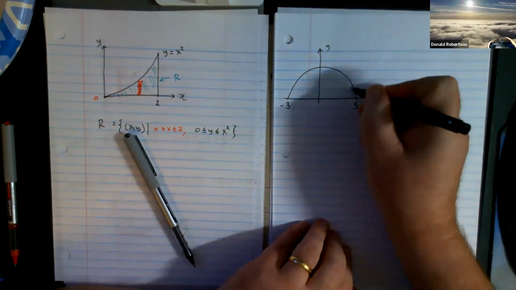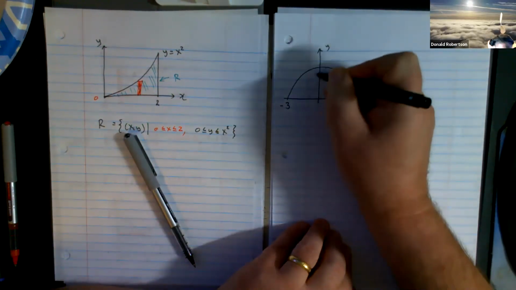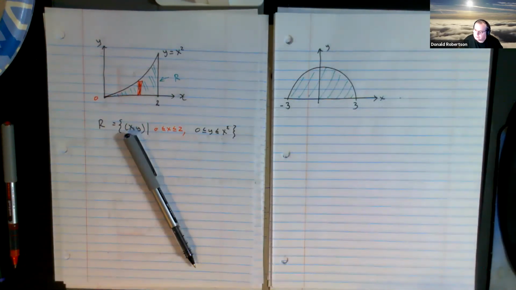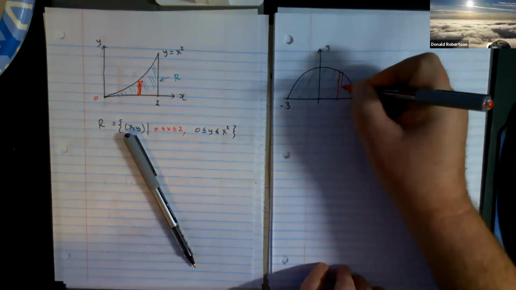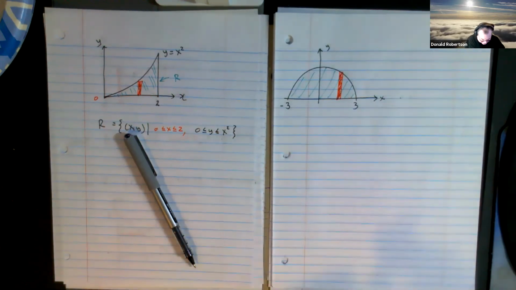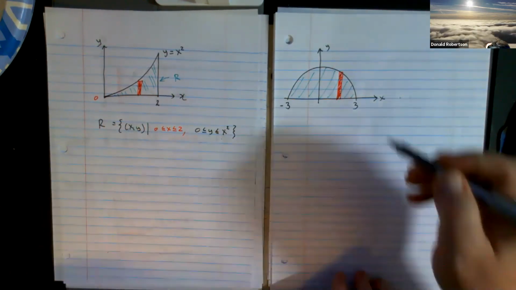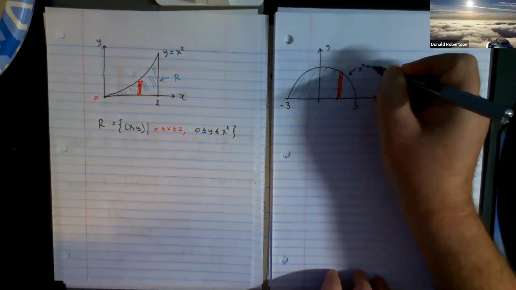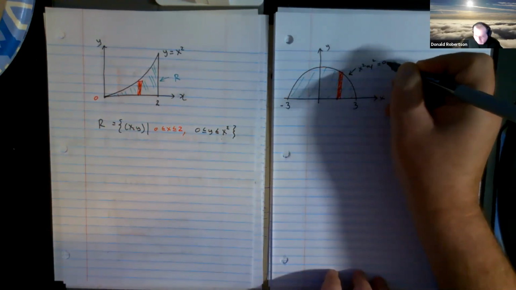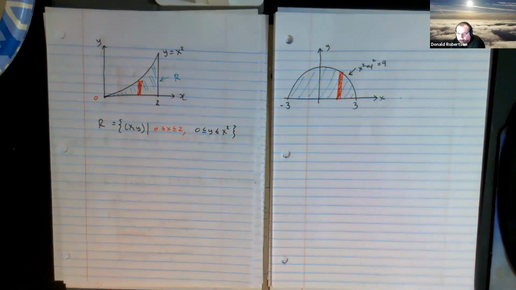Suppose the region that we're interested in is this half circle. And I'm just randomly choosing my vertical rectangle again. This particular curve happens to be x squared plus y squared equals 9. At least that's the information that you're given, but it probably won't be the information I'm going to use.